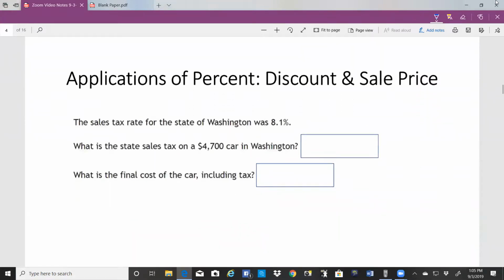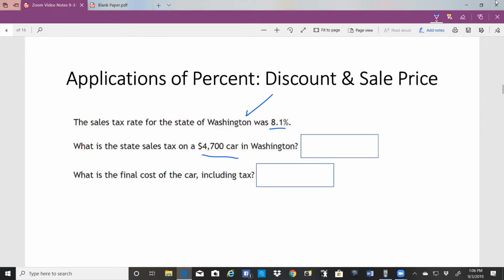I'm sure on the test you'll have something about discount prices, sales tax. In Washington, sales tax is 8.1%. What is the state sales tax on a $4,700 car?